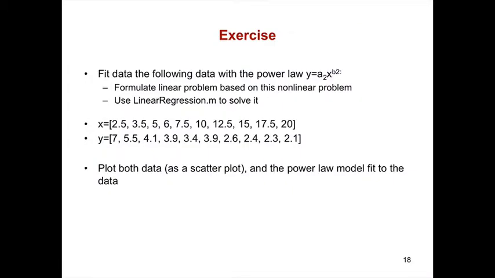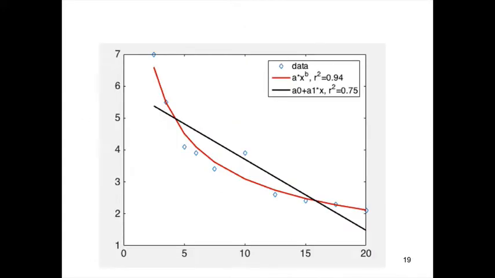And this was the exercise we completed with the power law. We saw that in the case of the data that I gave you, there was one outlier, but give or take, this power law, this red line, is fitting the data rather well, except for this outlier point right here.